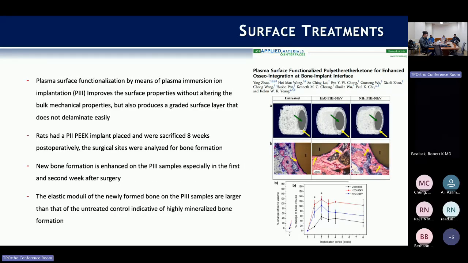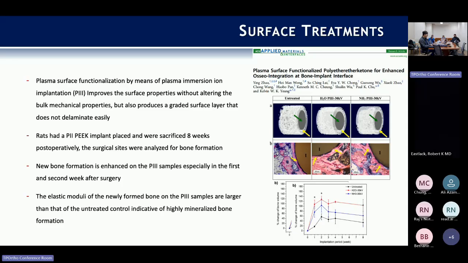This is plasma immersion ion implantation, modifying the surface of polyether ether ketone, or PEEK, without altering the mechanical structure of PEEK. This is in rat models.